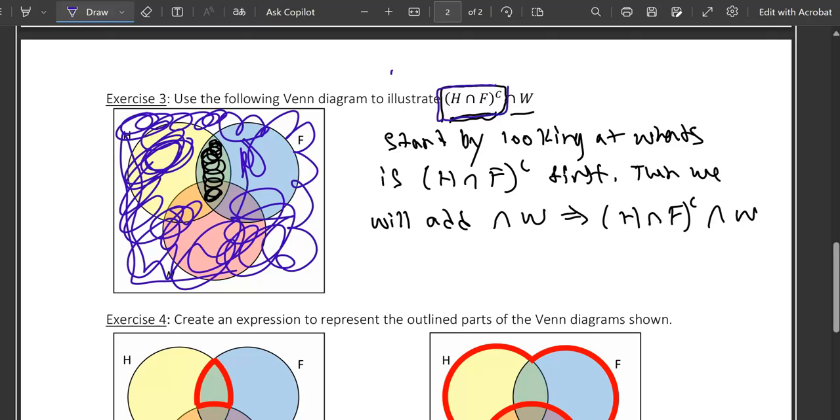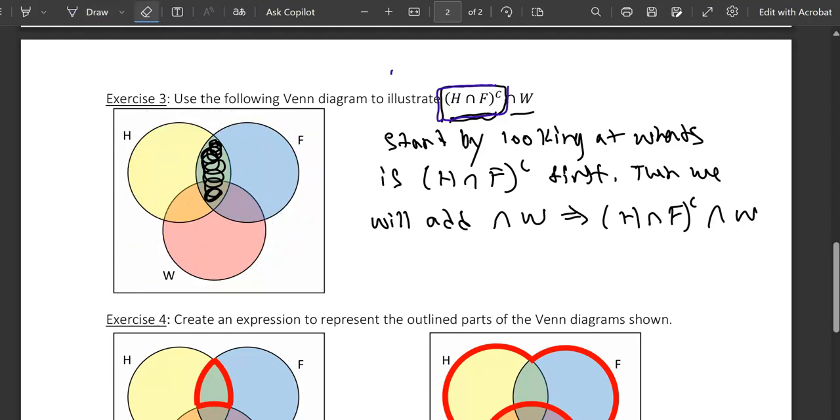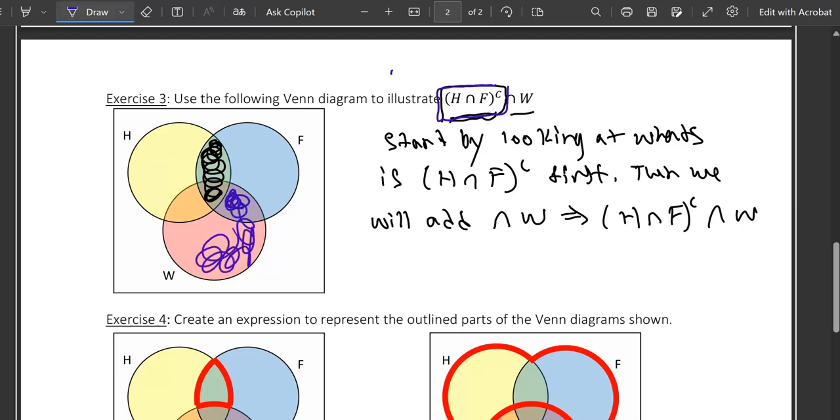Now we got to look at that with the intersection. We need that to intersect with W. I know the stuff in the blue is everything else other than that stuff in black. And then I want only the stuff that overlaps with W. So, sorry, I had to erase that. But if we look at what only overlaps with W, which is not part of that, that would be all of this, wouldn't it?